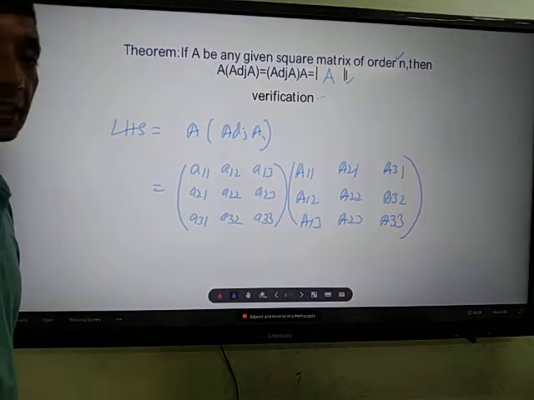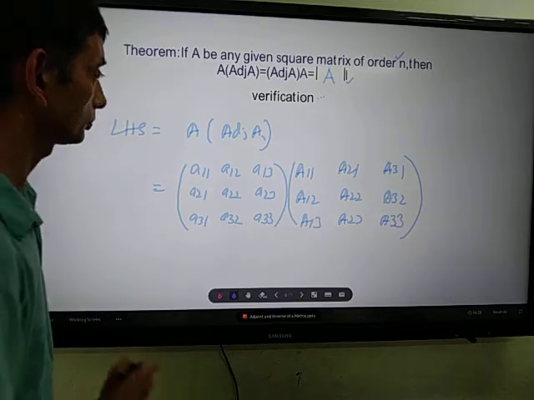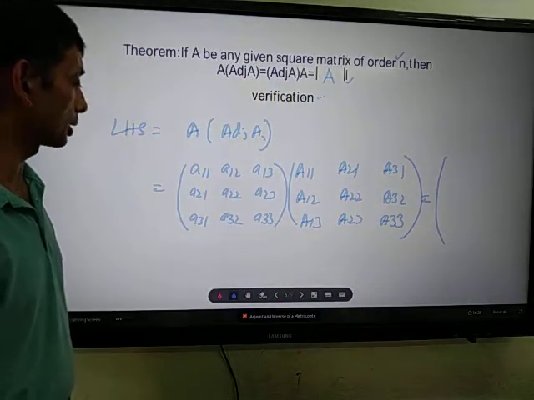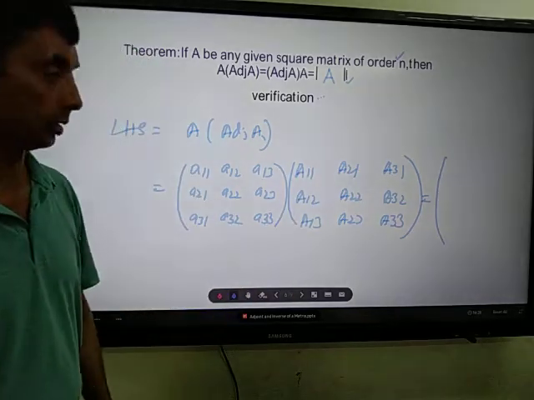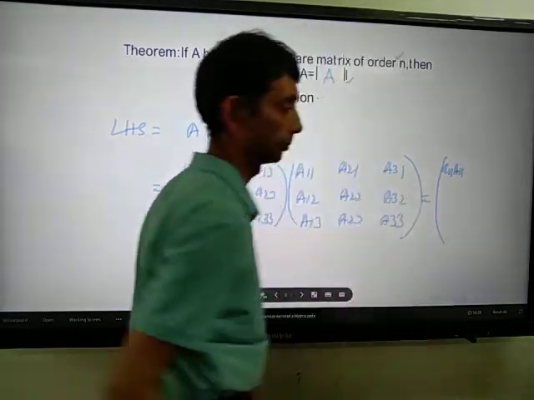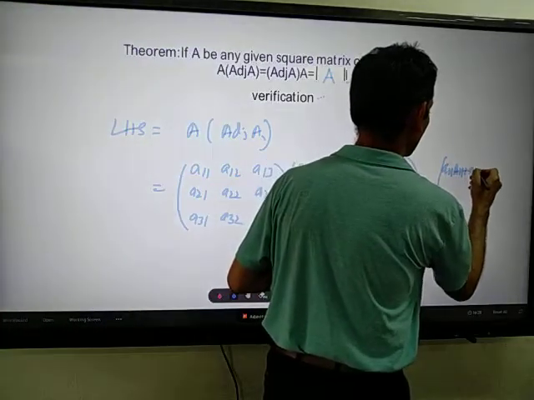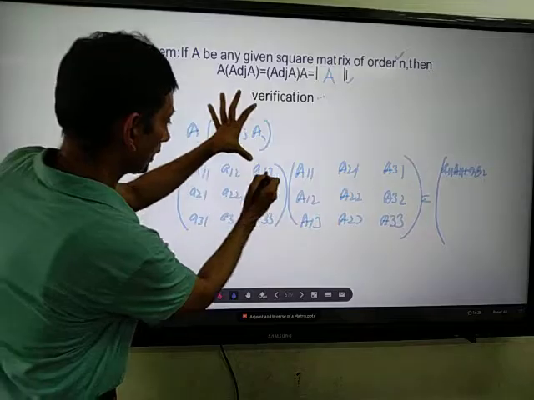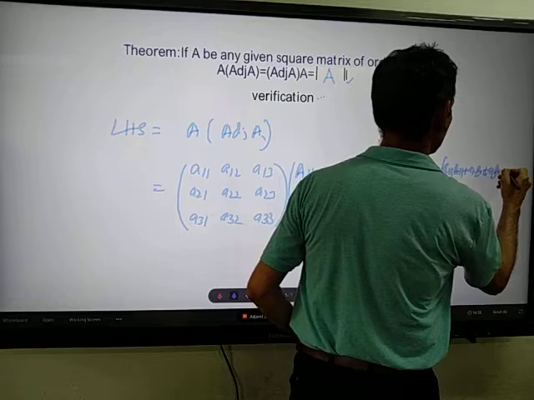So you need to multiply this. Observe these multiplications very carefully. How do you multiply this? When you multiply, this is A11, then you multiply by capital A11. That is A11 multiplied by capital A11. The next, A12 multiplied by capital A12, plus A13 multiplied by capital A13.